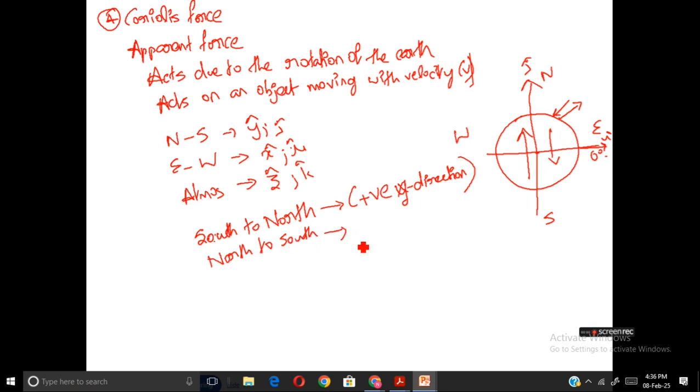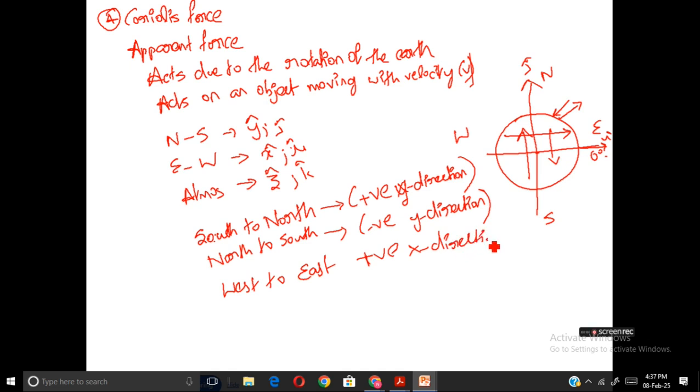This is considered a negative y direction. When we talk about east-west x directional movements, a body moving from west to east is the positive x direction, and east to west is the negative x direction.